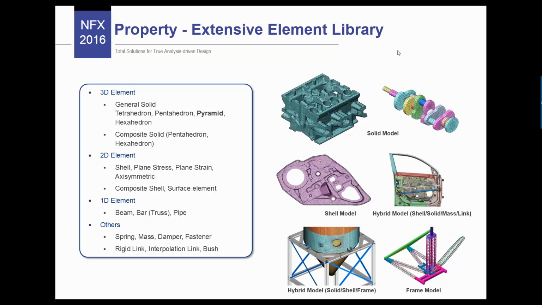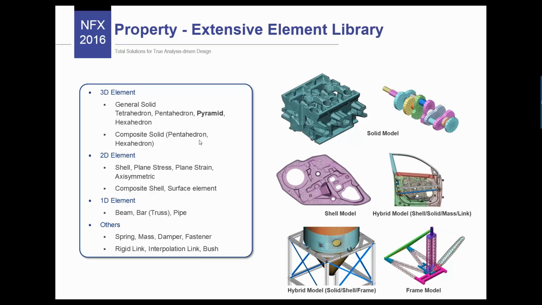So you have also a lot of elements that you can use. So NFX not only supports the 3D solid elements, but supports the full range of 1D, 2D and 3D elements. And each of them has different kind of properties. So you have 1D beam, truss, pipe, also cable, for example. And 2D you can use shell, plane stress, plane strain, axisymmetric, composite shell.